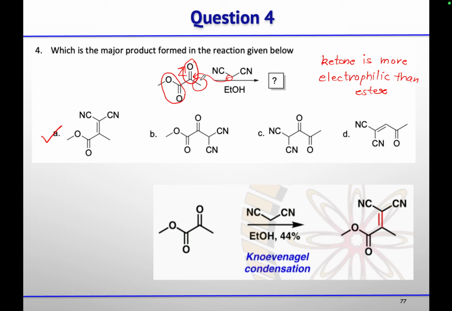Now that methyl can't be substituted, so this can't be the product, and the ester is not more reactive than ketone, so this can't be the product, and it will not condense with the ester in the presence of ketone, so this is also not the product.